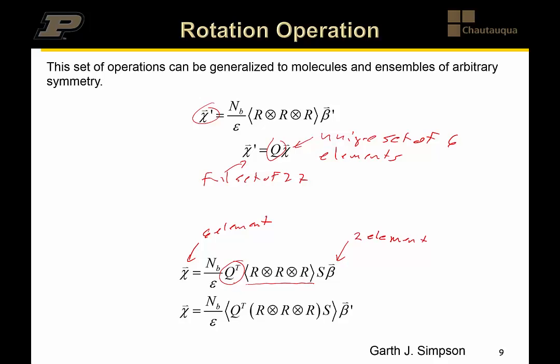Because this is known and these two symmetry matrices are known, we can fold them into the rotation ensemble average if we want to reduce the total number of elements we have to consider in terms of the evaluation of the orientational averages. When we apply these symmetry operations, it's just going to pull a few rotation matrix combinations out, and those will be the ones that connect the unique elements in the molecular frame to the unique elements in the laboratory frame.